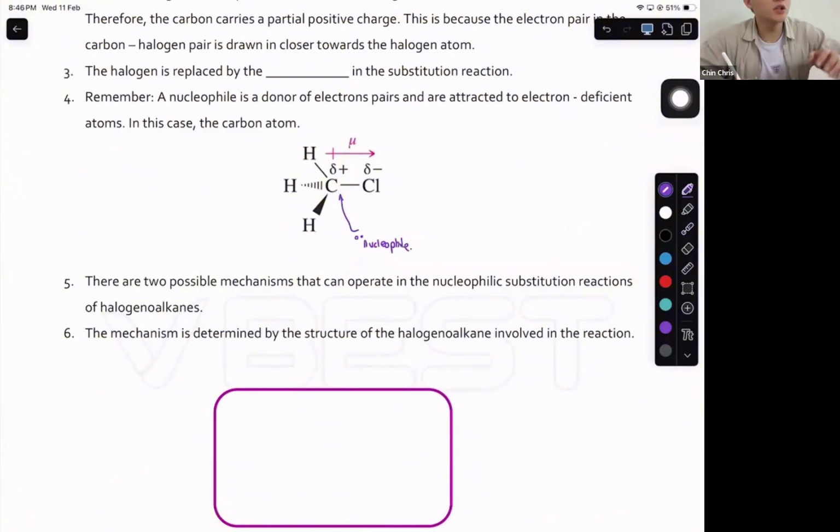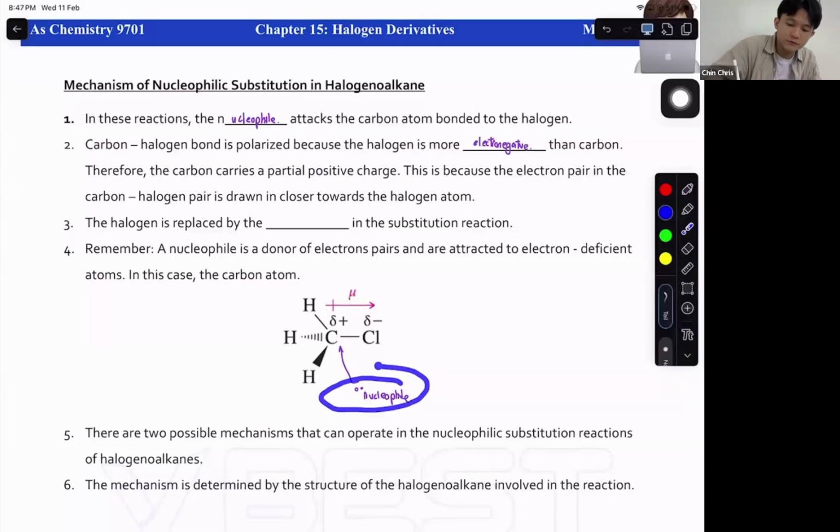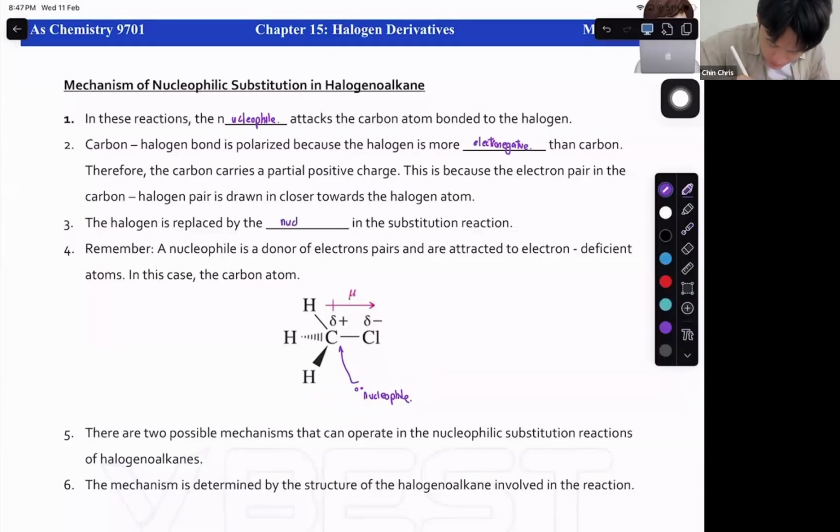A nucleophile is always gonna attack your carbon because halogen is more electronegative than the carbon. Eventually, the halogen is gonna be replaced by a nucleophile. That's it. Please write down.